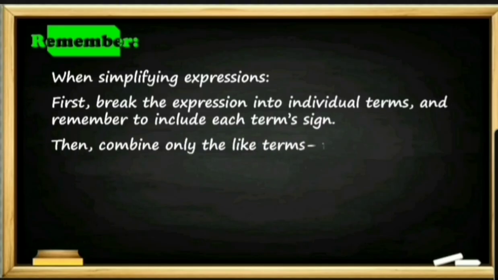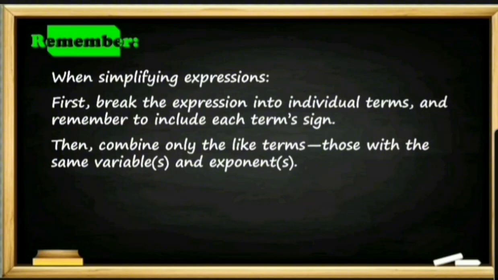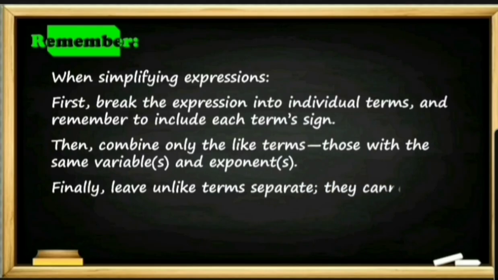Then, combine only the like terms, those with the same variable or variables and exponent or exponents. Finally, leave unlike terms separate. They cannot be combined. Keeping these steps in mind will make simplifying any algebraic expression much easier.